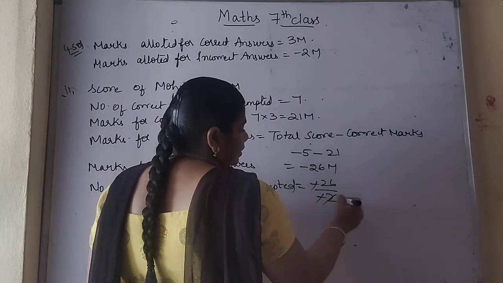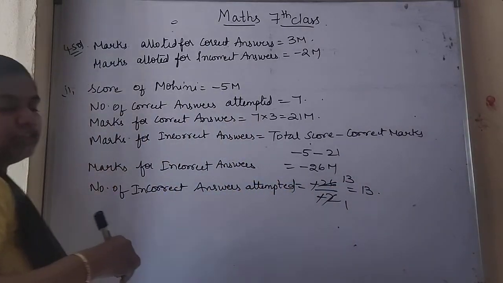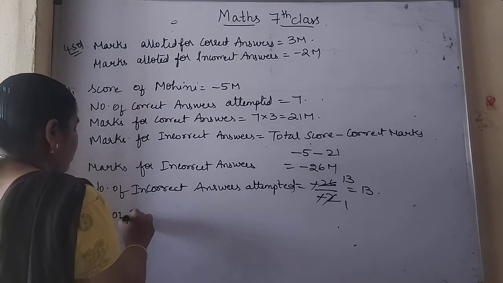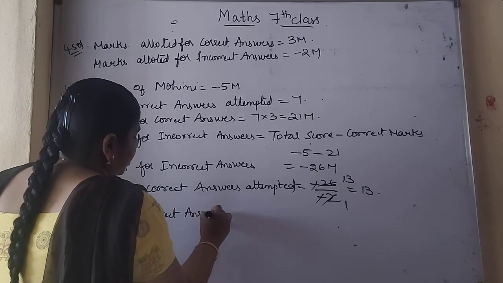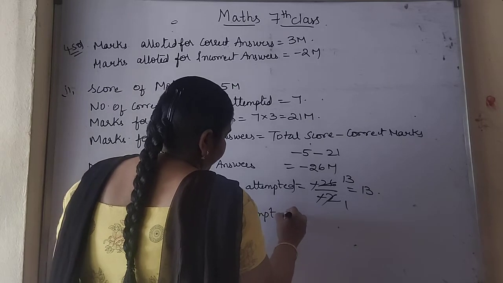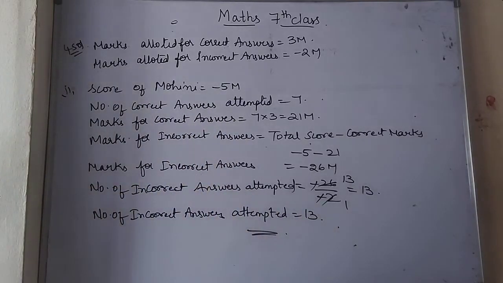Minus will get cancelled. 2 13s are 26. So total how many incorrect answers she wrote? That is 13. So number of incorrect answers attempted is 13. So this is our fourth solution.